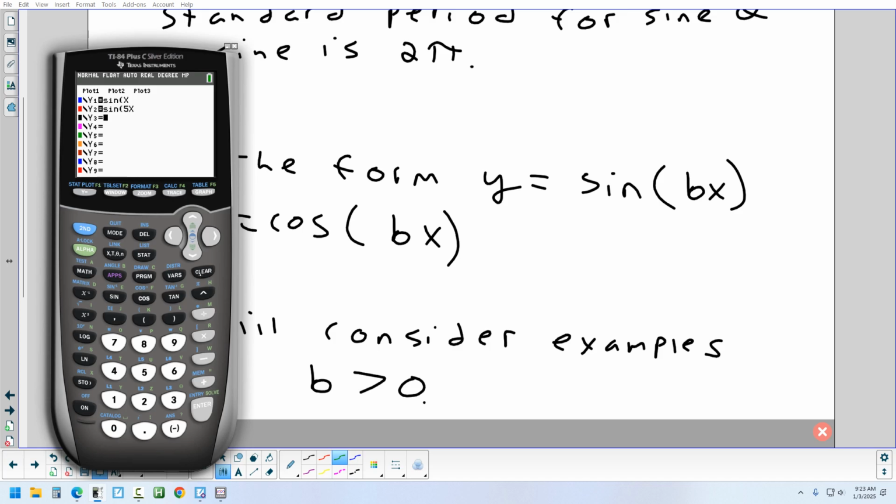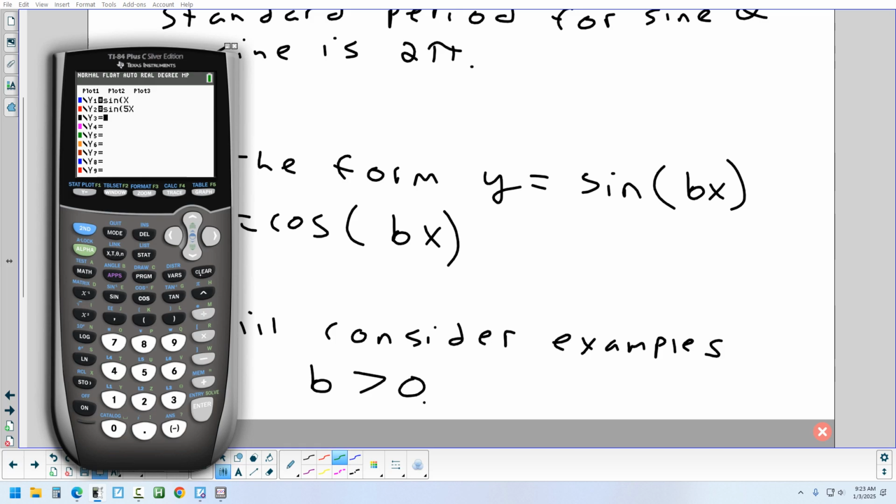So if the period was 2 pi, what do you think the new period would be? 10 pi. So you think it's going to stretch out 5 times as much? Actually, no, it would shrink. You think it's going to shrink? By how much? Yeah, it's going to shrink by a factor of 5. It's going to compress. So what do you think the new period length would be?